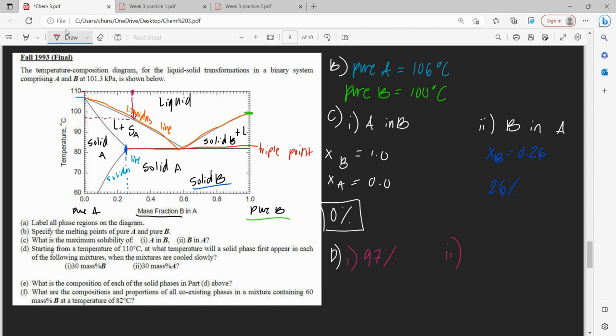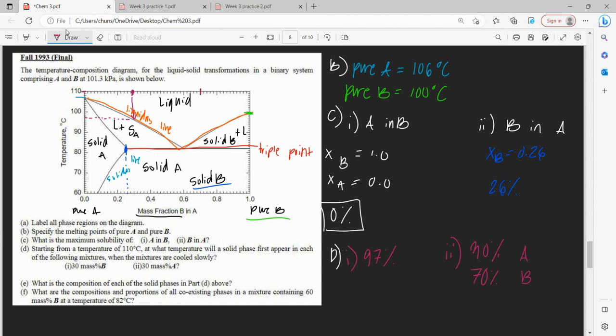Okay. And for part 2, we want to find 30% mass A. So if we have 30% mass A, that means we have 70% mass B. So let's start at our 70%, also at 110.